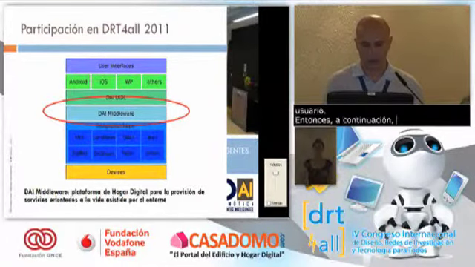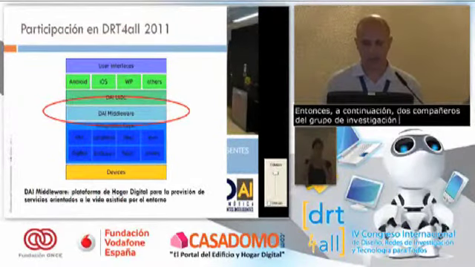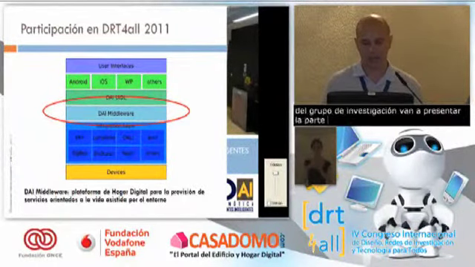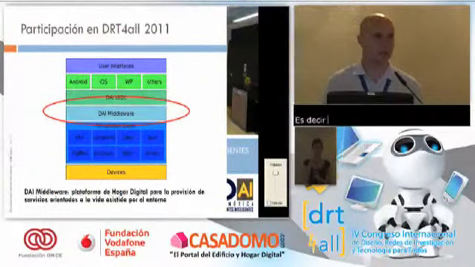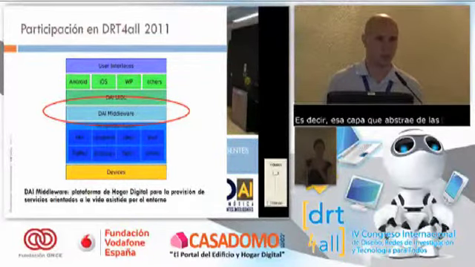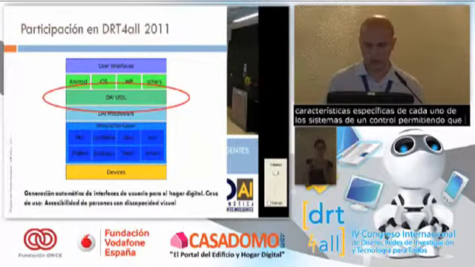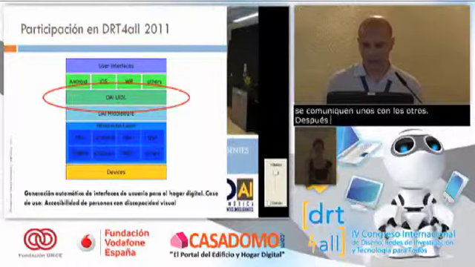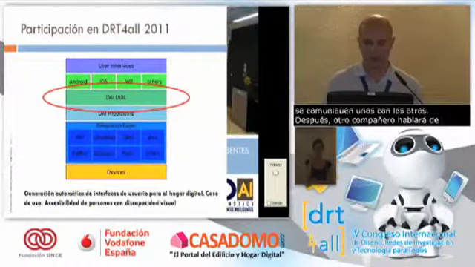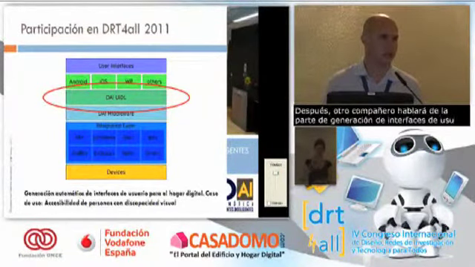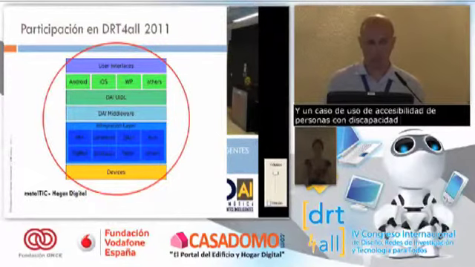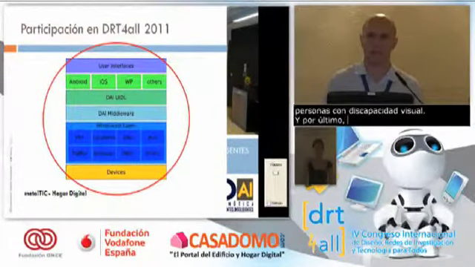So, following on from this, two colleagues are going to present the part about middleware. In other words, this layer which takes the specific elements of control systems and ensures that they communicate with each other. And then another colleague will talk about the user interface generation for digital uses and the access of people with visual impairment, the visually impaired.